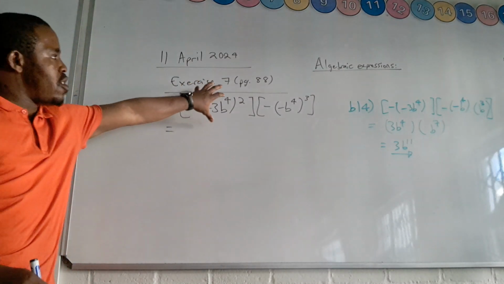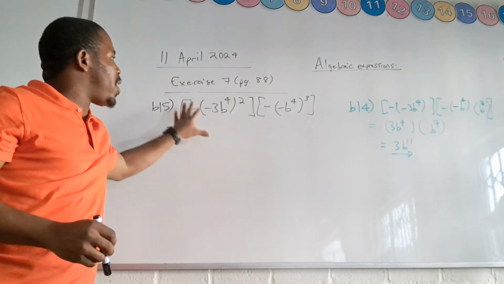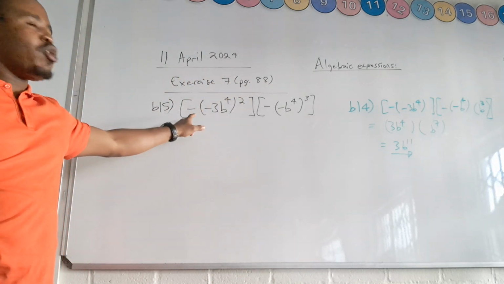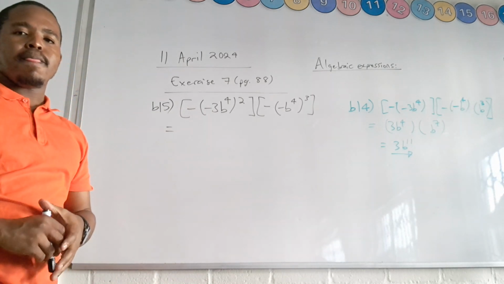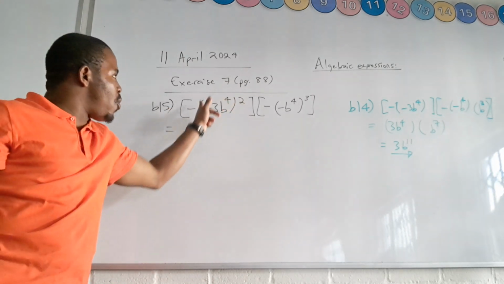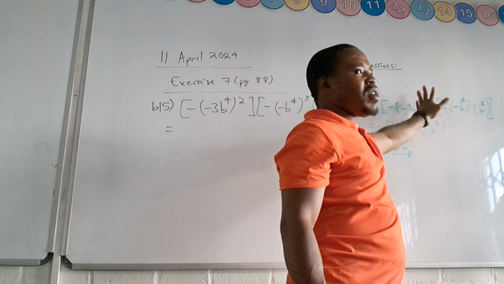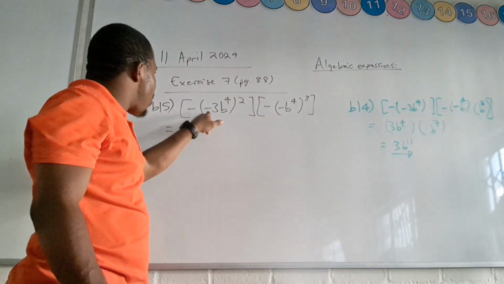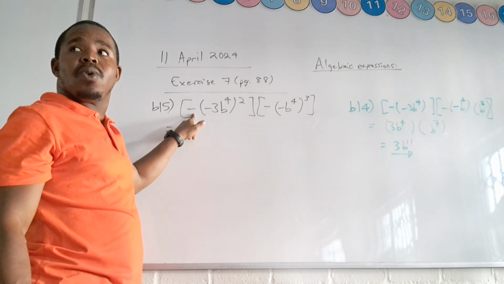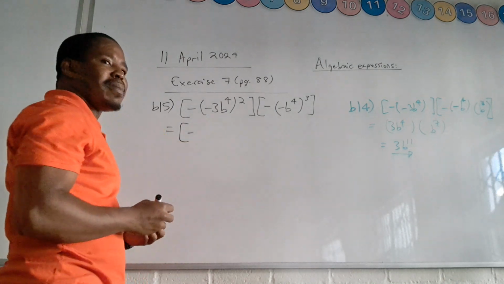Again, how will you do this one? You simplify each bracket first and then you multiply. Let's simplify this part first. This time, you can't say negative times negative first, because of the square, you must deal with the brackets first. Here the exponent was already one, so there was nothing to do with the bracket. Now there is, so you simplify this first and then multiply by the negative. I'm going to leave that minus there.